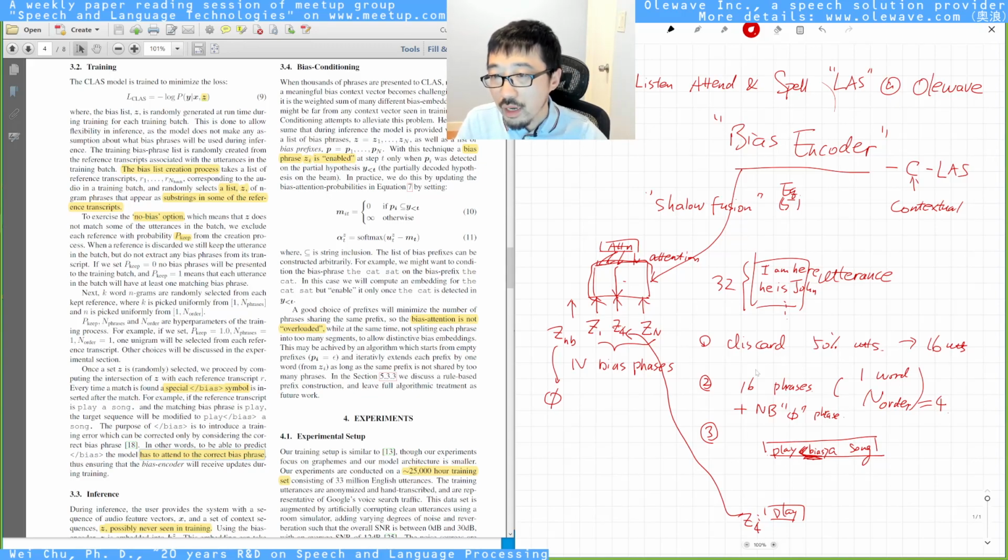Remember the backprop, right? The transcription is almost at the end of the output of the decoder, and this is the encoder, because there's a bias term here.